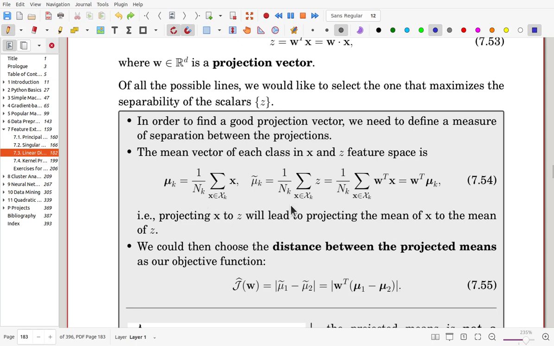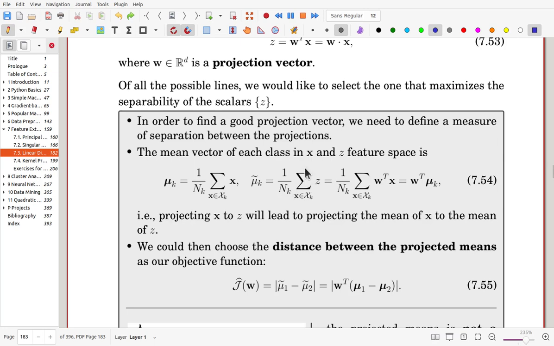Now, in the projected space, we use the tilde notation for projected quantities. Z is projected from the points in class K. After projection, we add them to get the average value, the mean value.